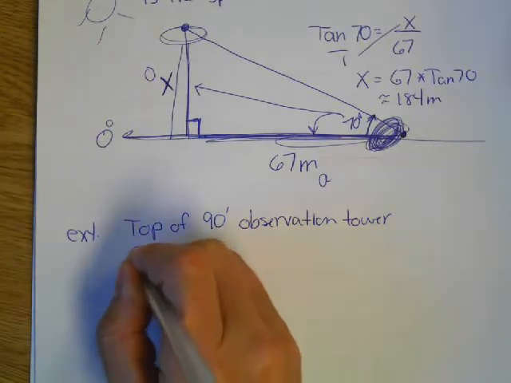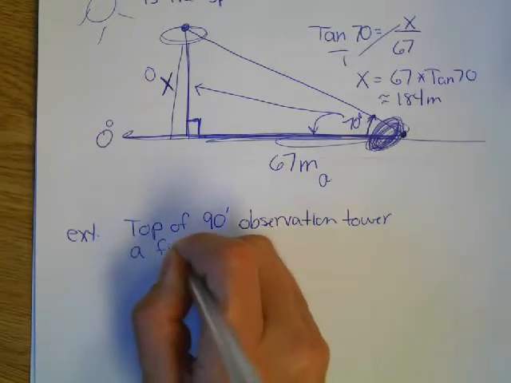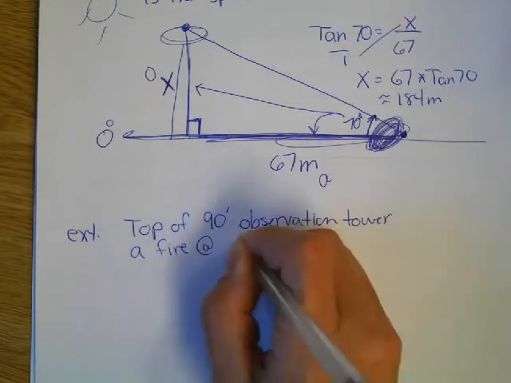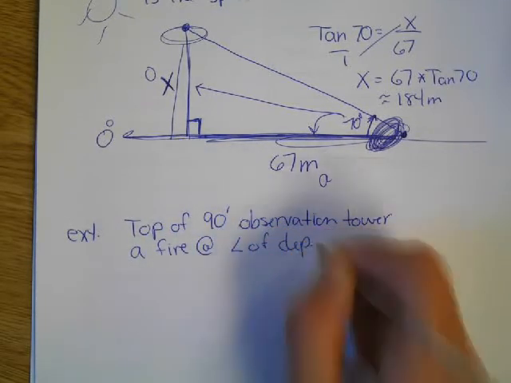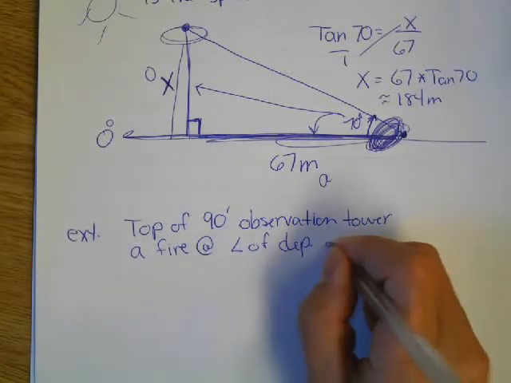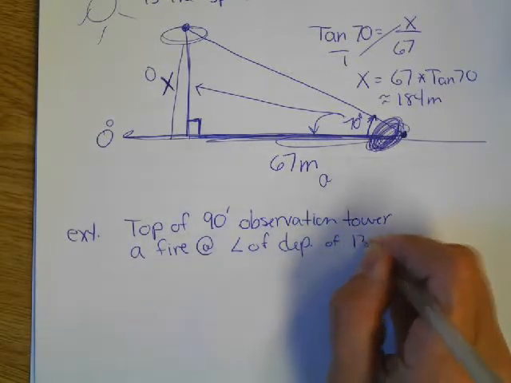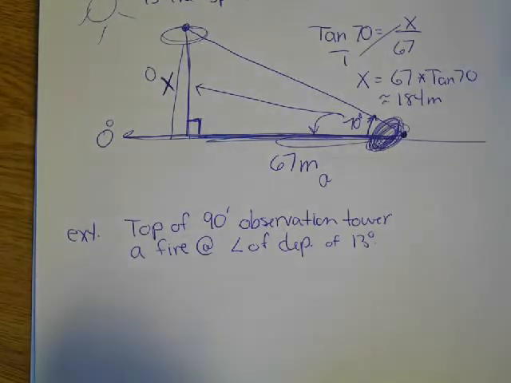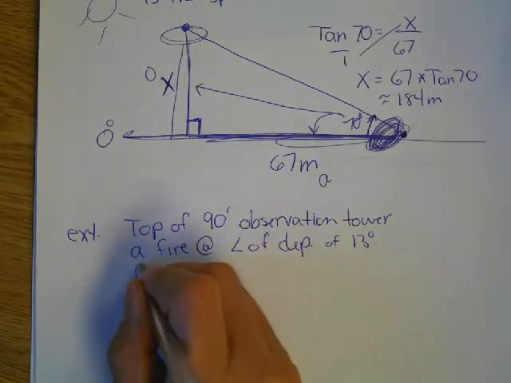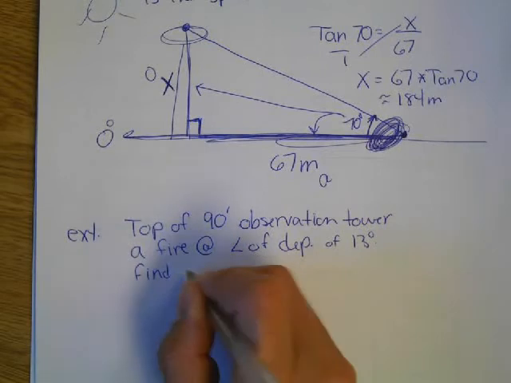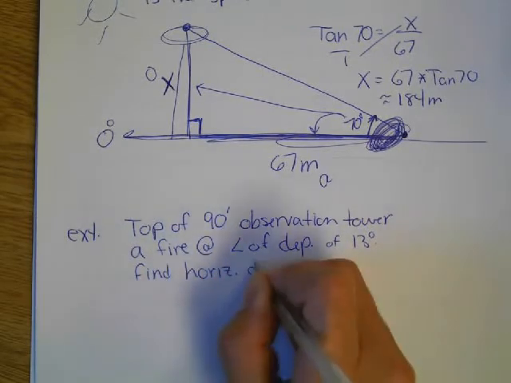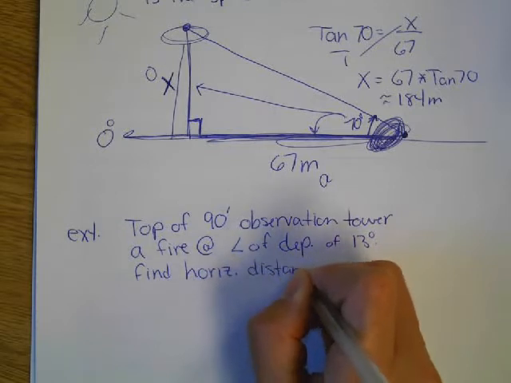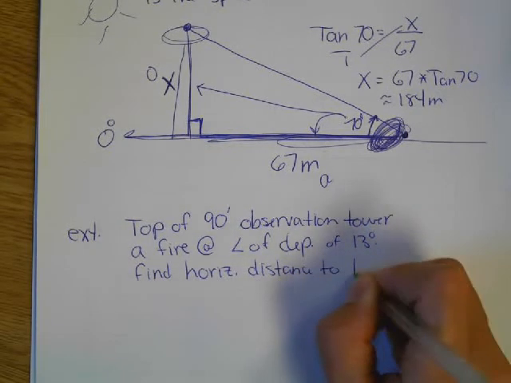He sees a fire at an angle of depression of 13 degrees. Find the horizontal distance to the fire.